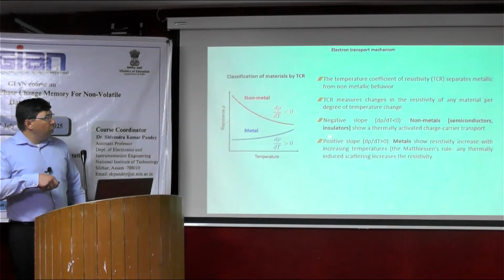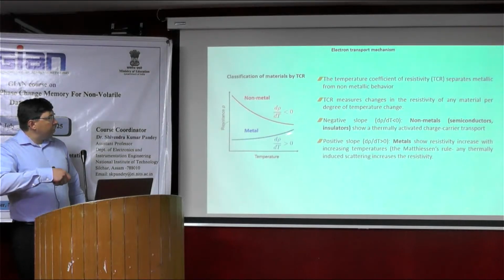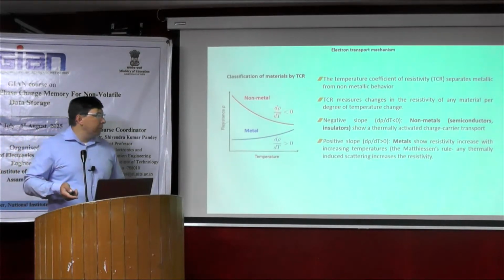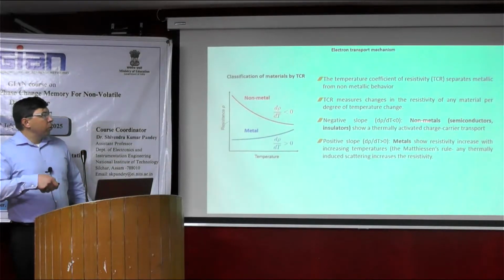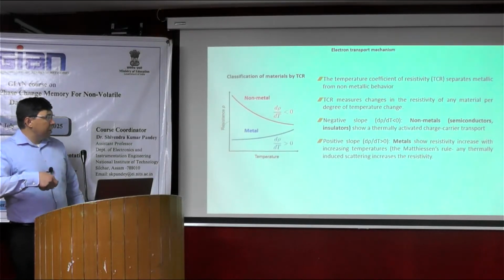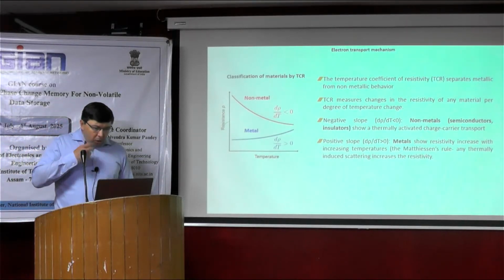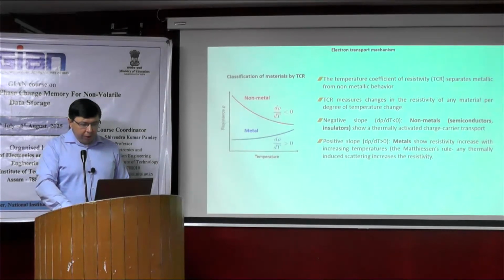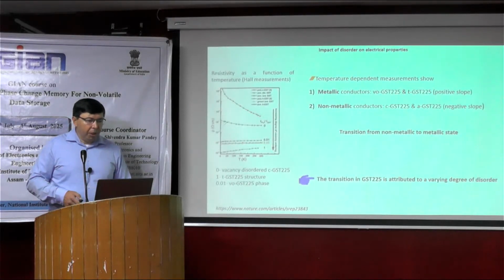If the slope of resistivity is positive, like this behavior, then the material is a metal. So metals show a resistivity increase with the increase in temperature, and non-metals show thermally activated charge carrier transport.